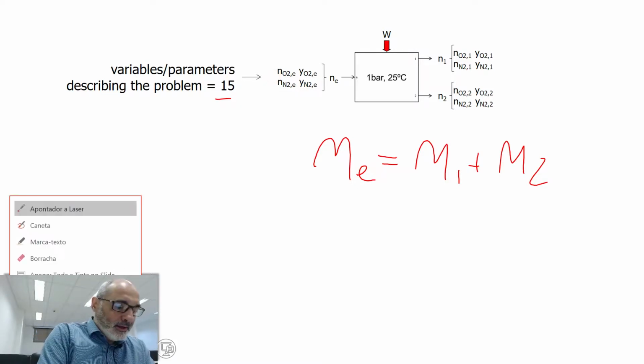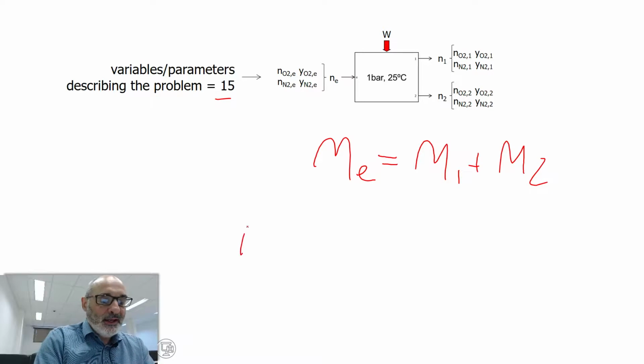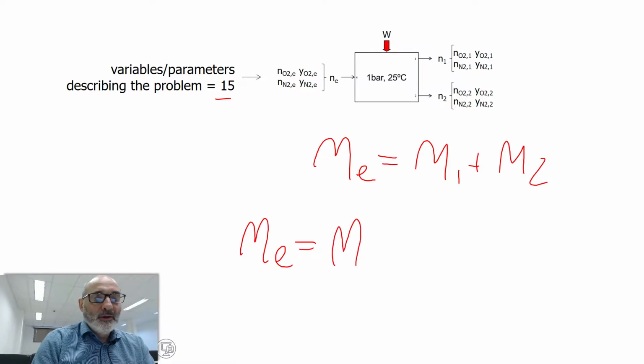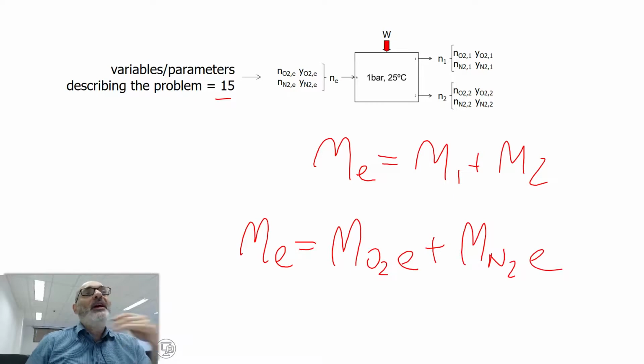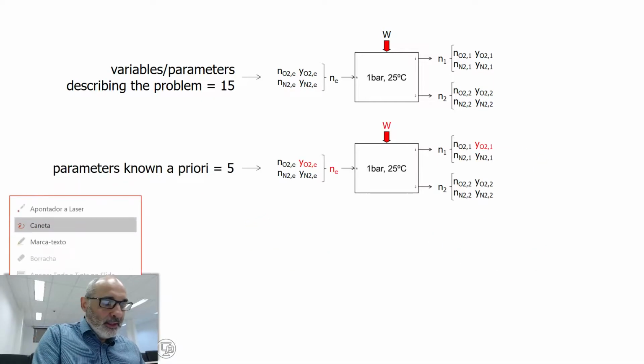It is obvious that the total molar flow rate at E is equal to the molar flow rate of O2 plus the molar flow rate of nitrogen. So I have all these simple equations that we're going to use in addition to the exergy equation that we got, the equation that calculates for us the minimum amount of work. Okay, so let's move on.